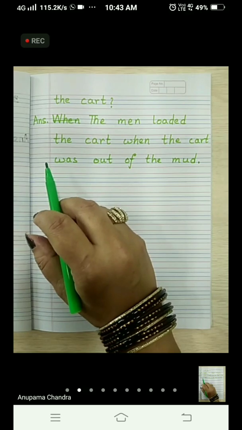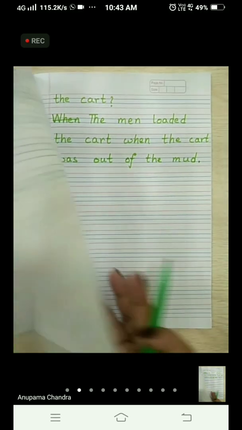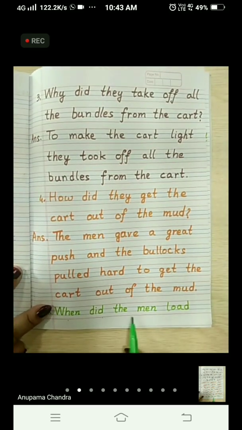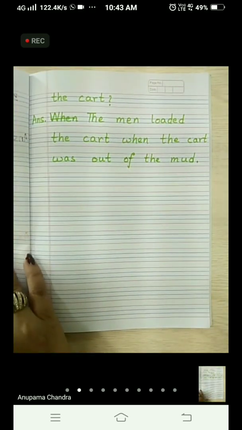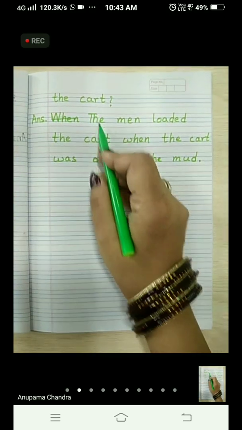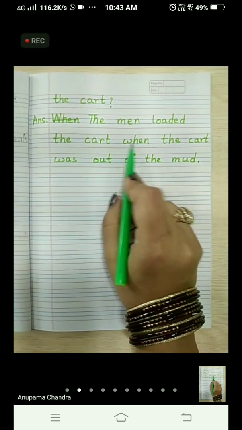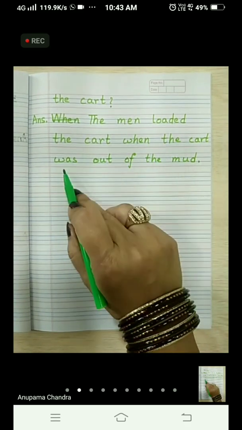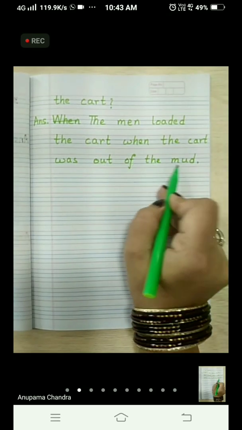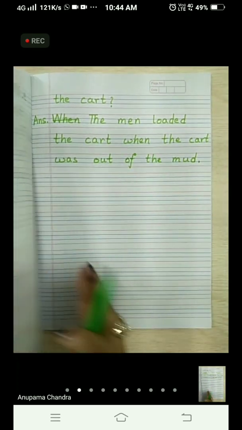So, the question was, when did the men load the cart? The men loaded the cart when the cart was out of the mud. Pay attention, children.